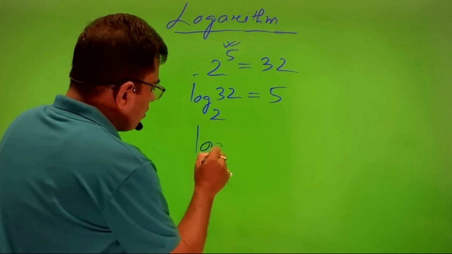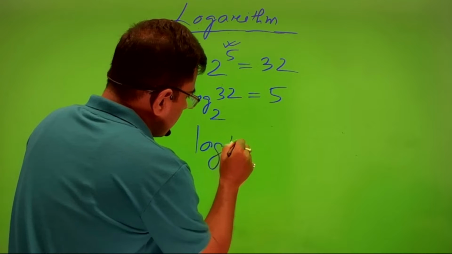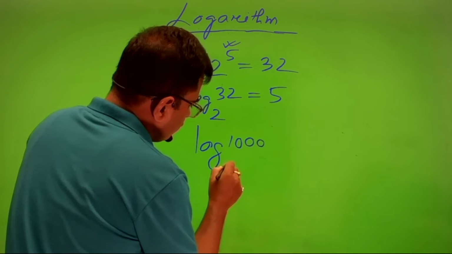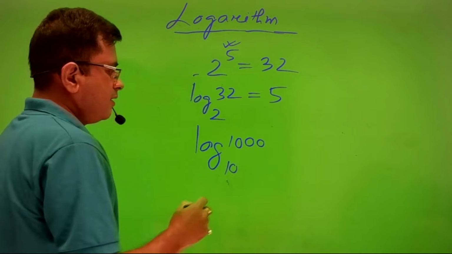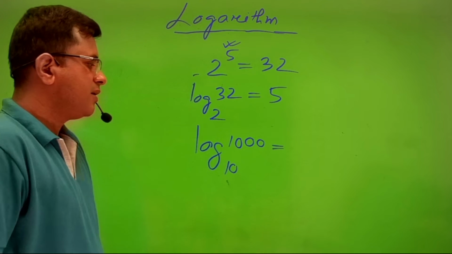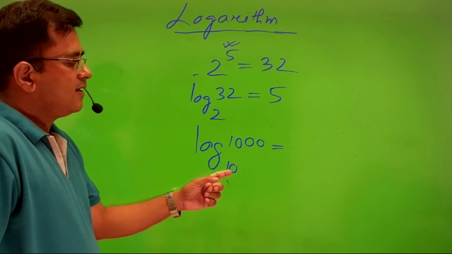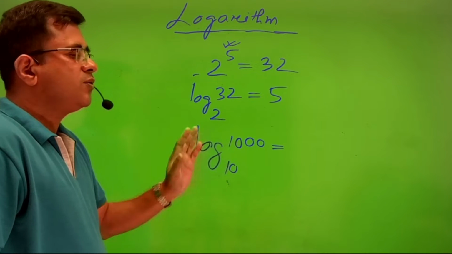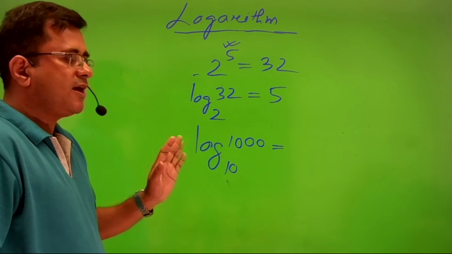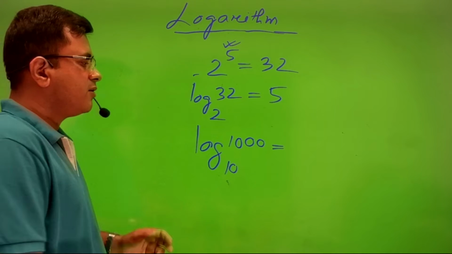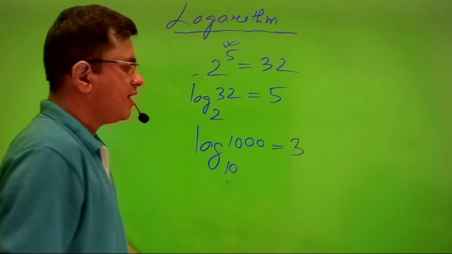Then log of 1000 to base 10. What is this equal to? It means how many times the base 10 is multiplied to get 1000. We know we multiply 3 times to get 1000. So this is again the number of times.